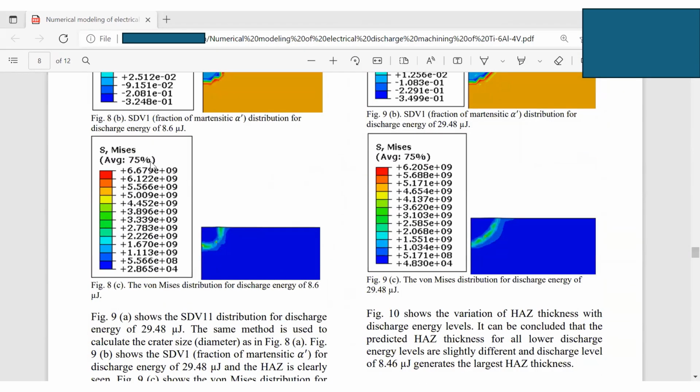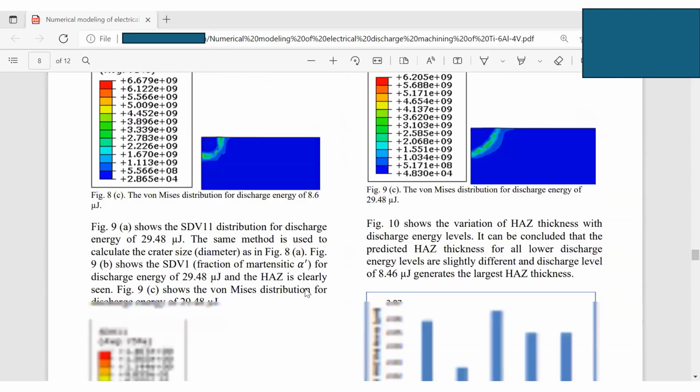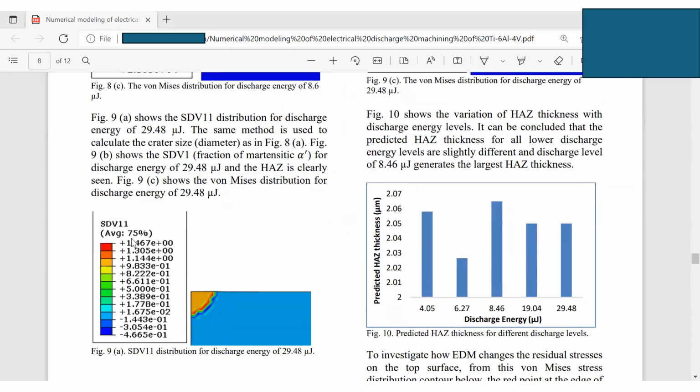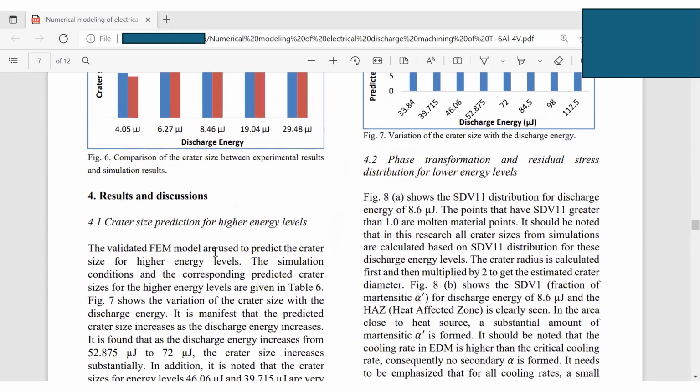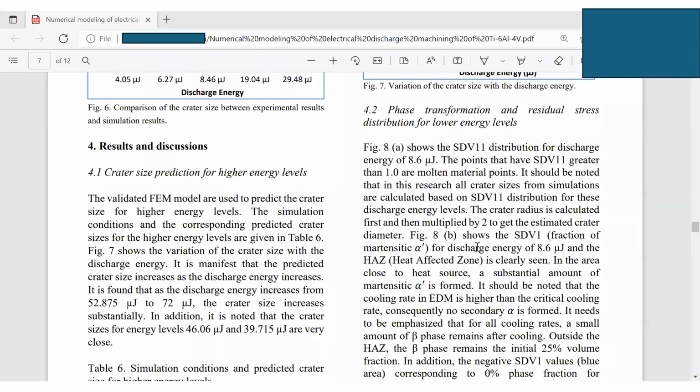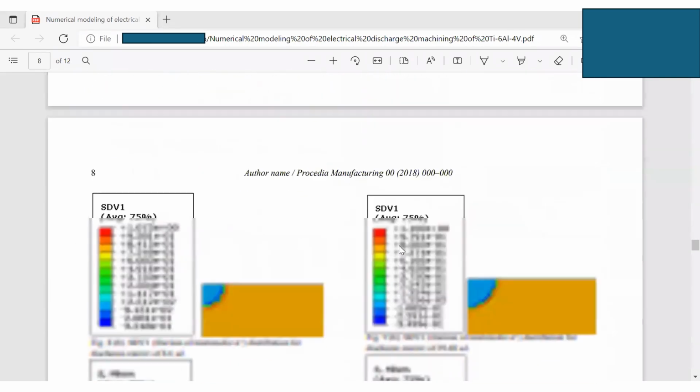So here is the von Mises stress distribution for the same energy level. STV11 is the phase transformation. STV1 is the fraction of martensite alpha prime.